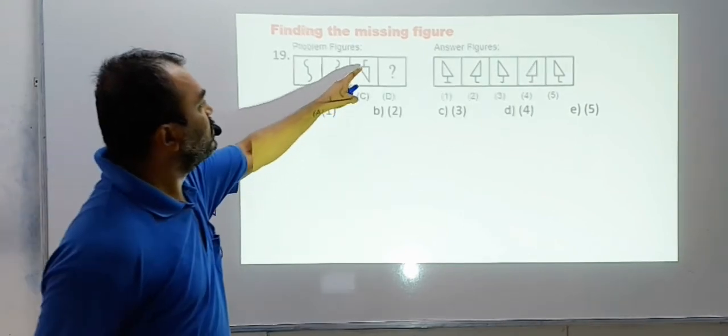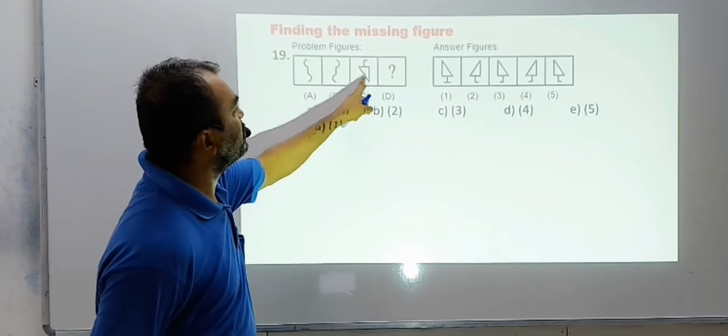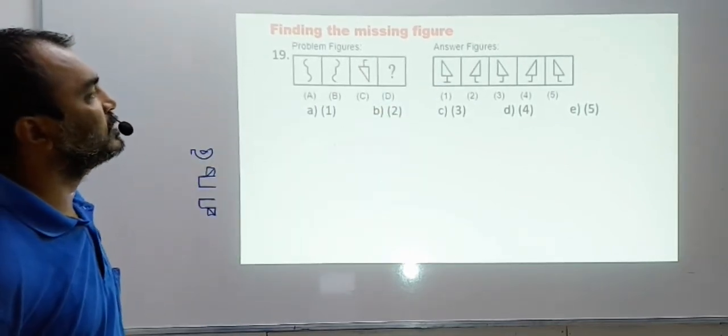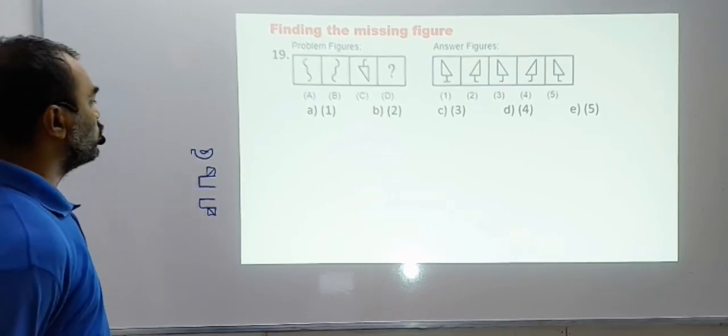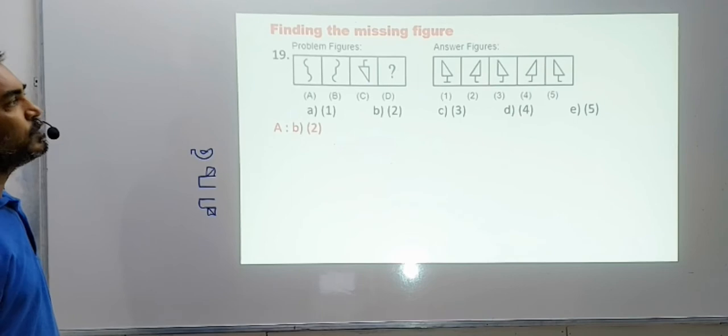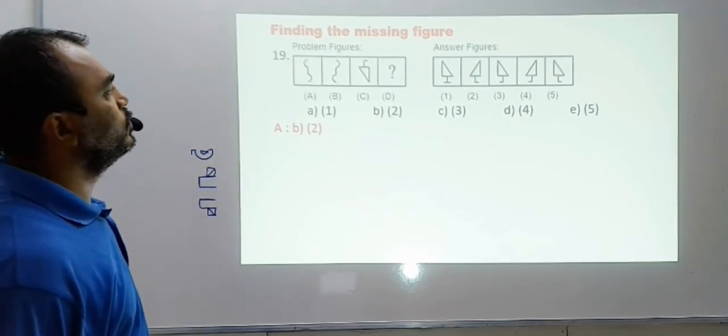Yes, here this line is pointing the flat side, not the slanted side. So here which side should point, the flat side or the slanted side, is what you have to decide. Take up your choice. I'll give you the answer. It is B2.